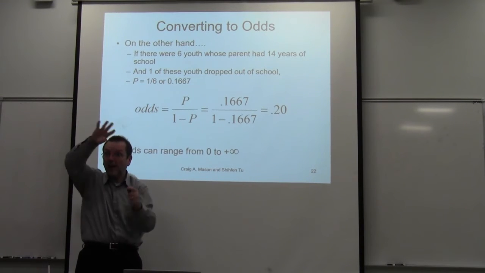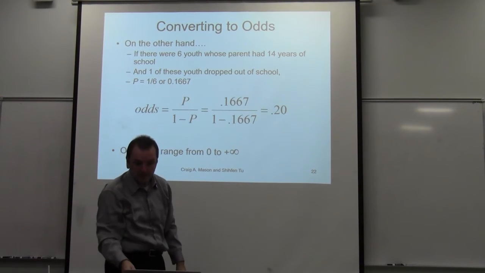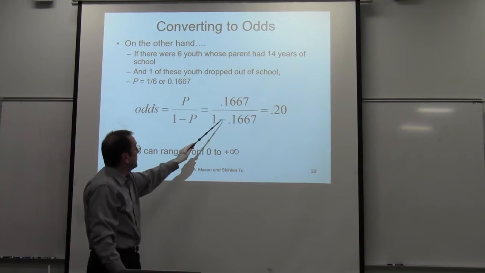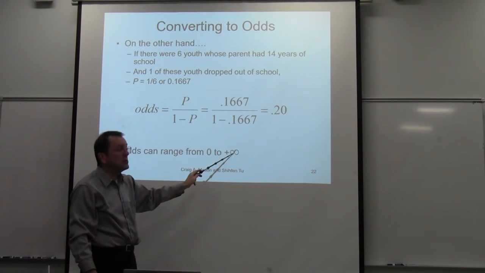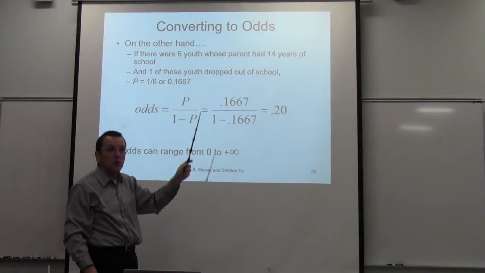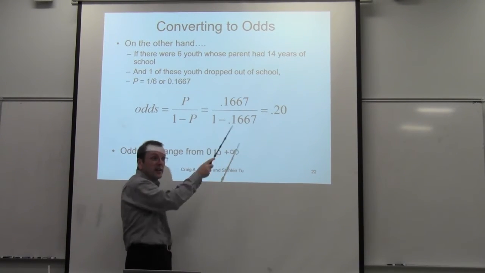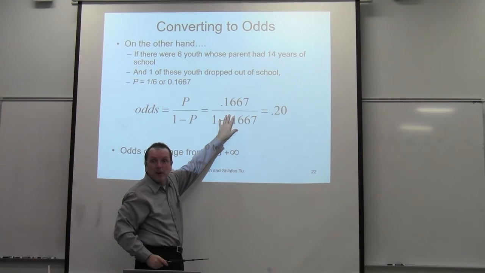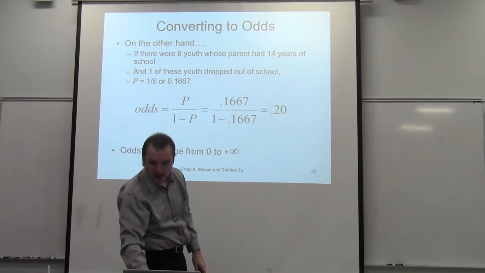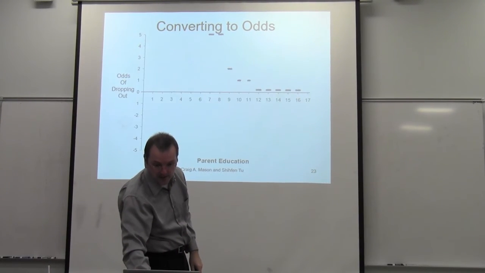You can see how they are reciprocals of each other. Odds can range from 0 to positive infinity. We saw odds can be greater than 5, but odds can't get less than 0, because you can never get a negative number in there.